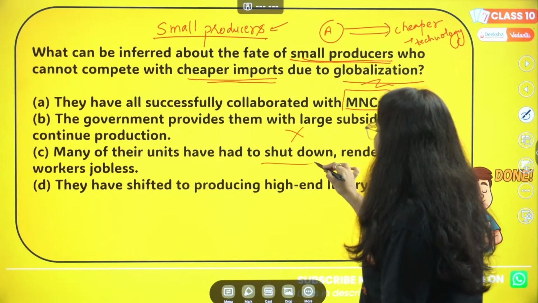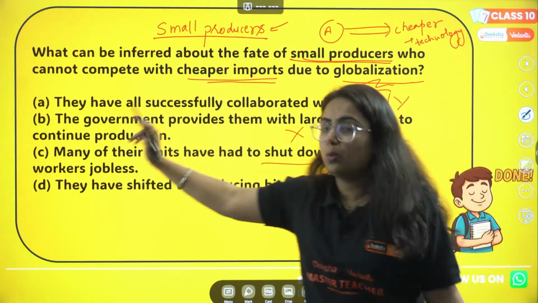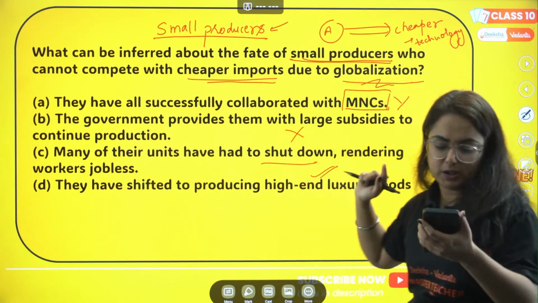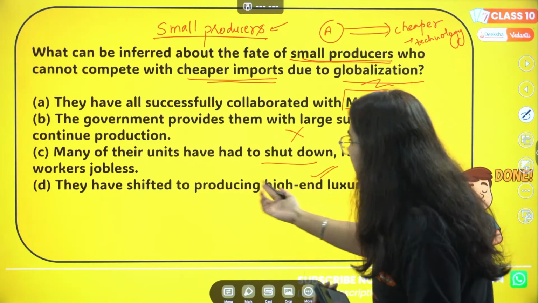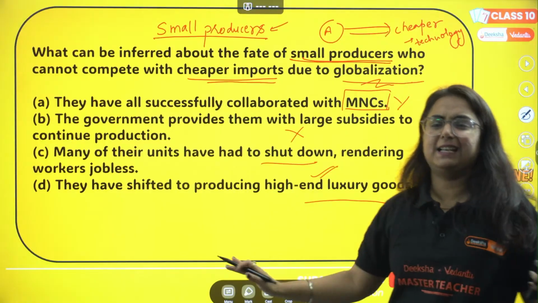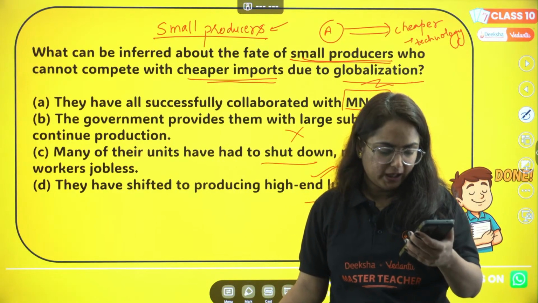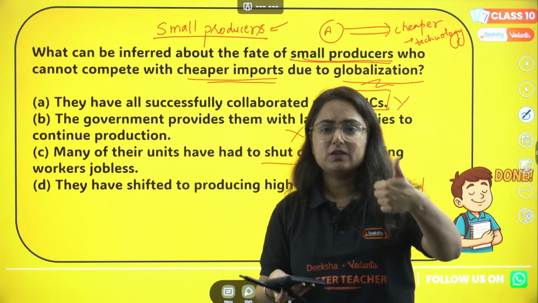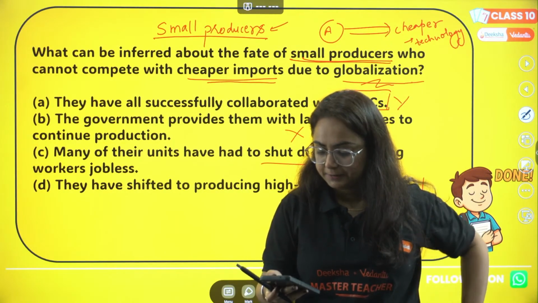Many of their units shut down, rendering their workers jobless, and this one is the correct option. They have shifted to producing high-end luxury goods? Nowhere connecting this one. Got this point? Give me a thumbs up fast if every point from this question is clear to you.